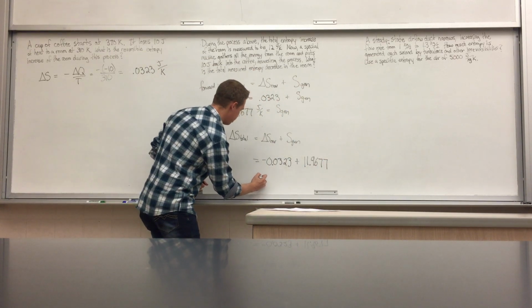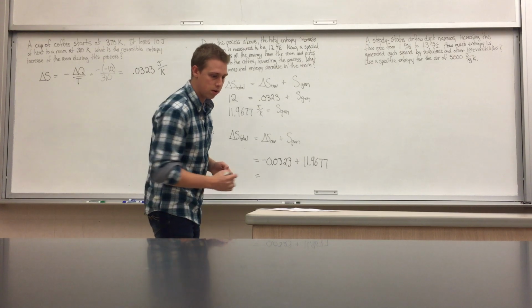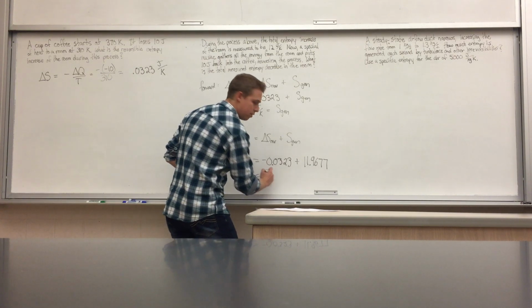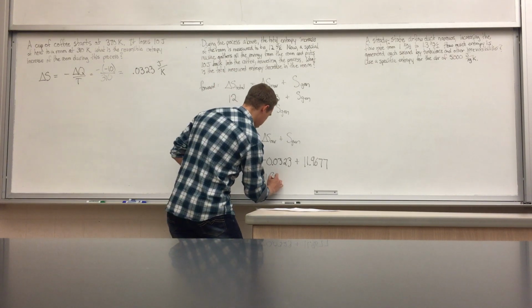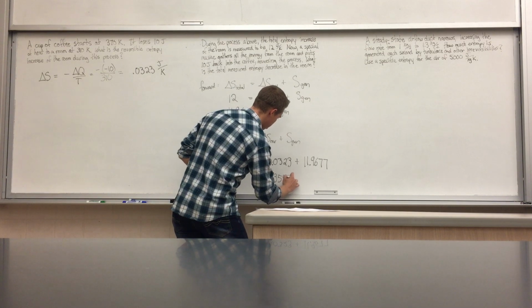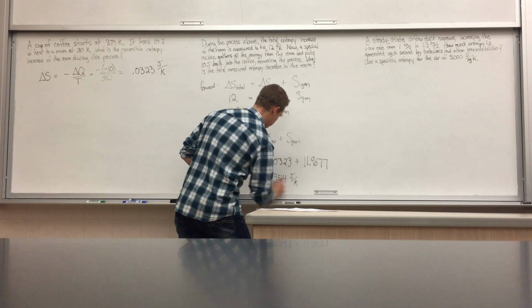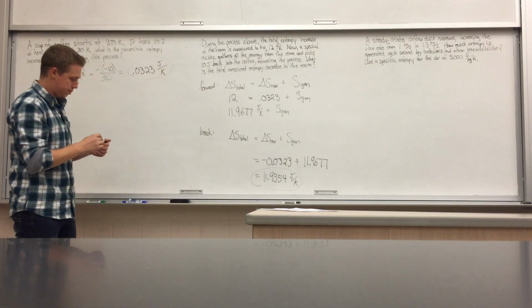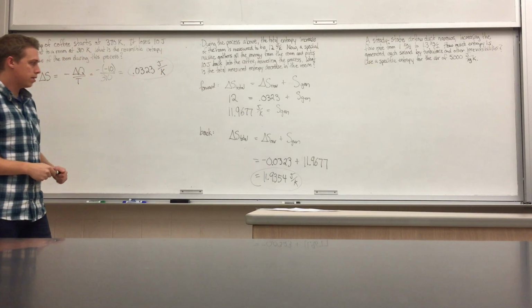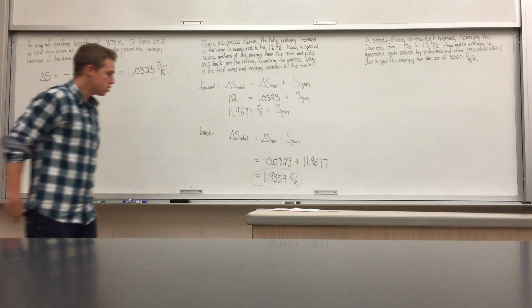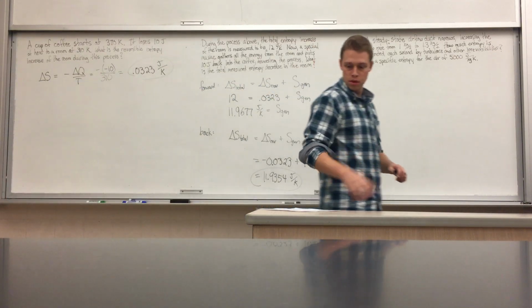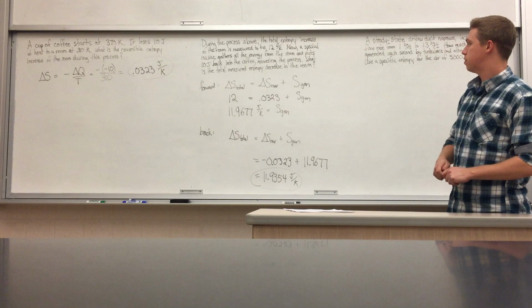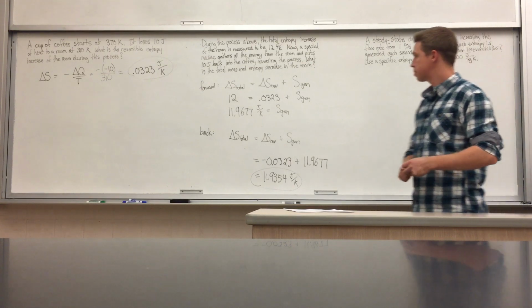And we get out a final answer for S total of 11.9354 joules per Kelvin. Circle my answers here. All right. So that is how we solve these types of problems.